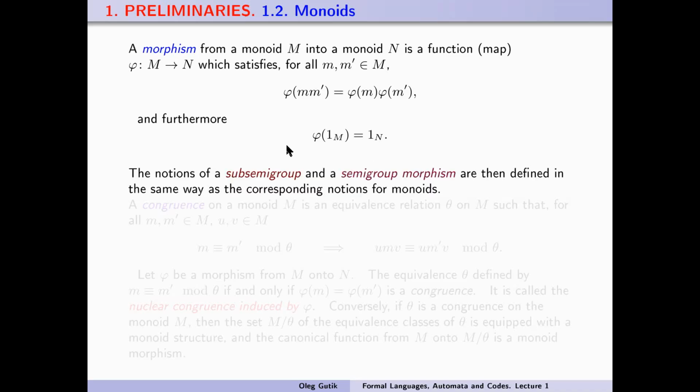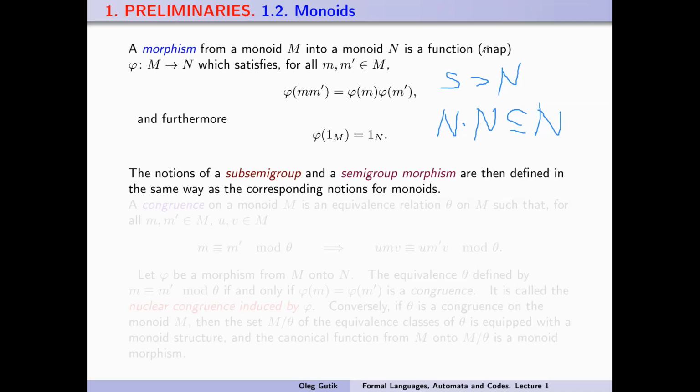So if we have a monoid and a submonoid, similarly we can introduce the notion of subsemigroup. So what is a subsemigroup? If S is a semigroup, yeah, then any subset N of S is called a subsemigroup if the following condition holds. This is the first condition from when a subset is a submonoid of a monoid, yeah.